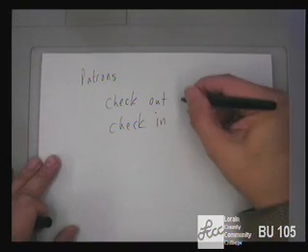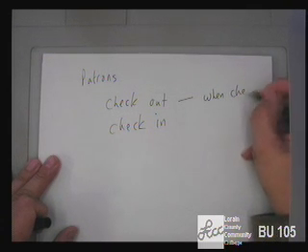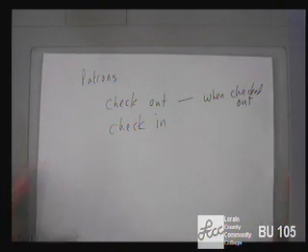So if you check it out, you need to keep track of when it was checked out. In addition, there's some restrictions about checking it out. Namely, a person can't check out more than 10 items. A person can't check items if they have more than 3 overdue items.